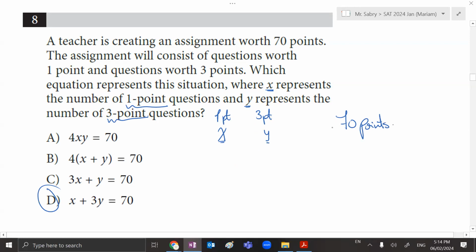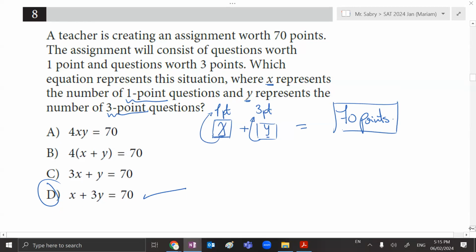But if I would like to calculate the total of points, I would multiply the number of questions that I got 1 point for times the 1 point, plus the number of questions that I got 3 points for times 3, because every one of them is valued at 3 points. That would calculate the total of 70. Does this make sense? Yes. That's what I would like to do.